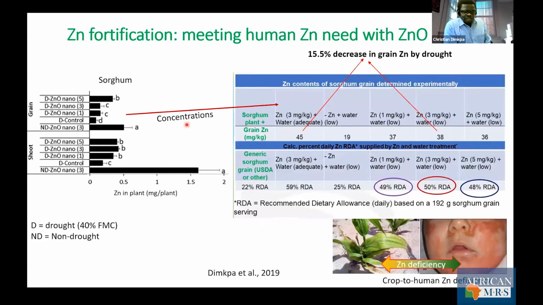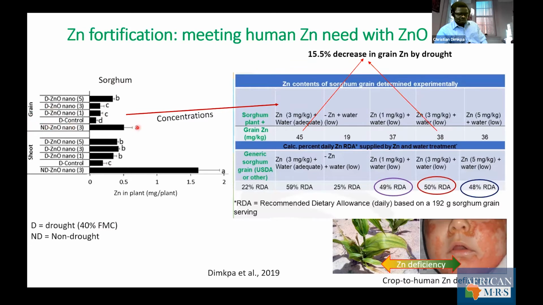So how can we fortify our crops with zinc to meet our human zinc needs? In this case here, this is sorghum plant grown under drought at 40% field moisture capacity. And here you have the amount of zinc taken up. So this is the non-drought condition.